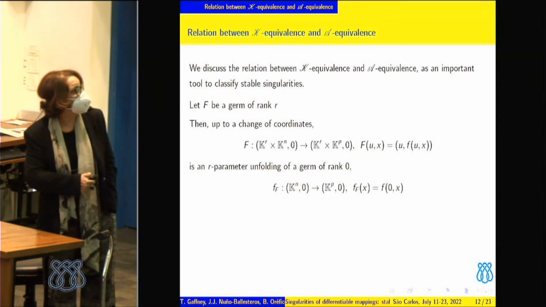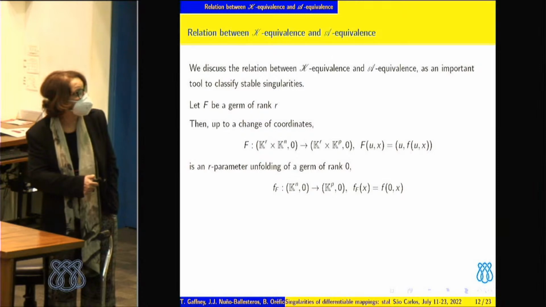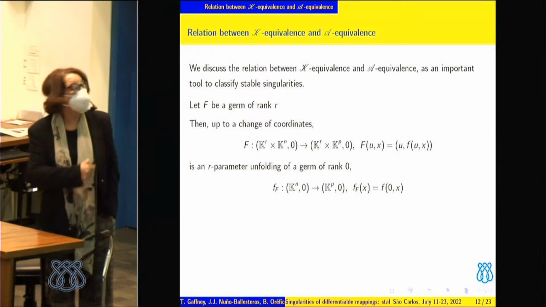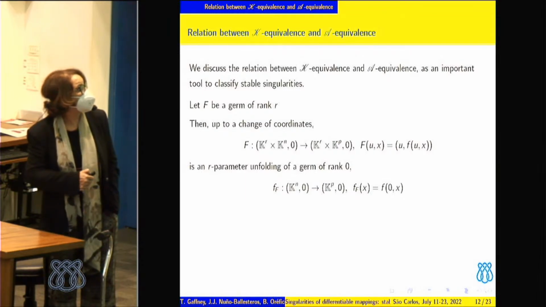If it has rank R, I can write it in this way, where u is u1 to uR, which means that we can think of F as an unfolding of little f0(x). And this little f is a germ from K^n to K^p of rank 0. So in other words, any F of rank R can be thought of as an unfolding of a germ of rank 0 in this way.